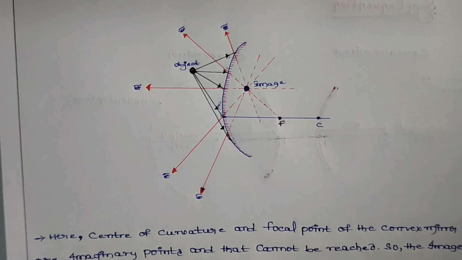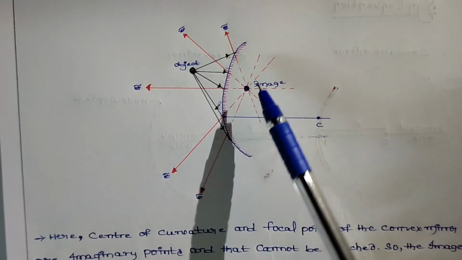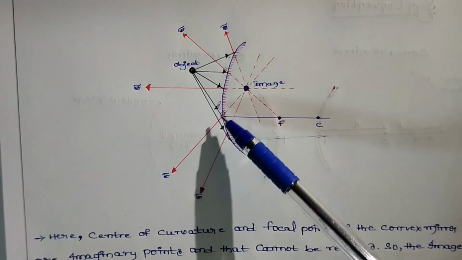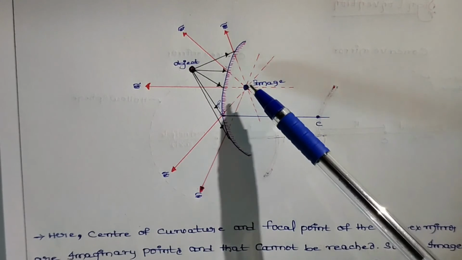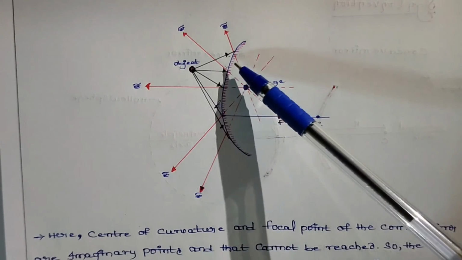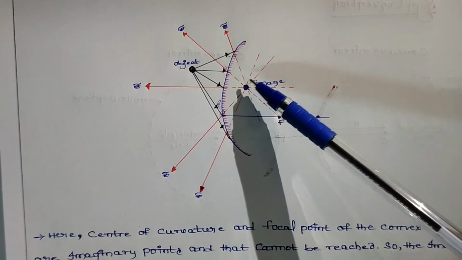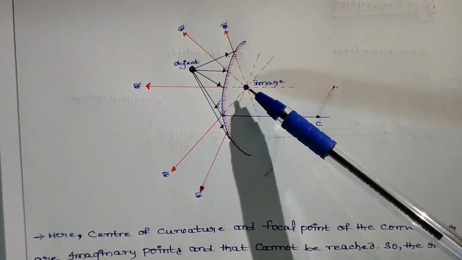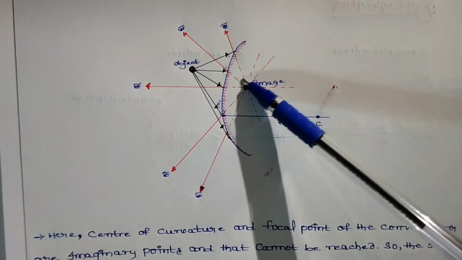Each reflected ray is extended backward to a point of intersection.